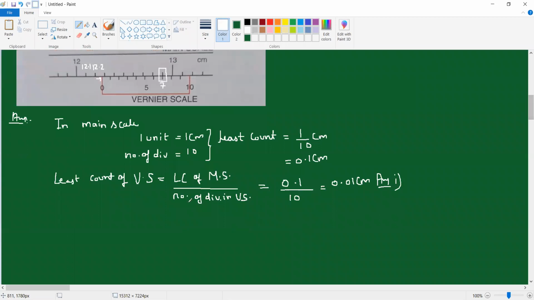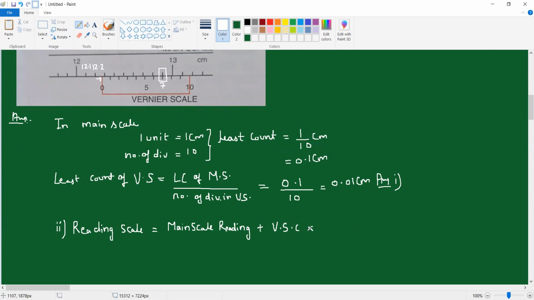So second part, reading in the scale is equal to main scale reading added with vernier scale count. Vernier scale count means the 7th division.